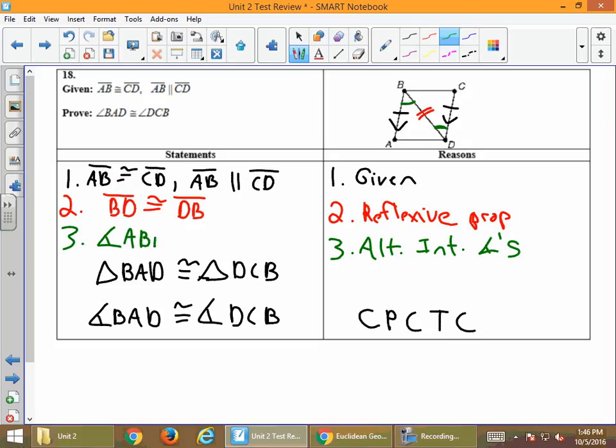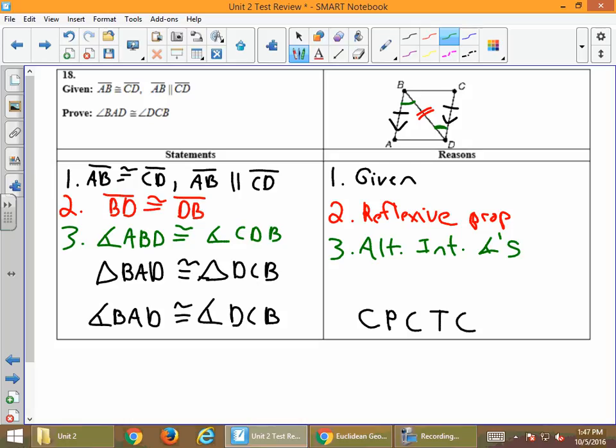ABD is congruent to, now careful, order matters here, CDB. I went from black to green to red, black to green to red. Yes, order matters. So angle CDB. Nice.